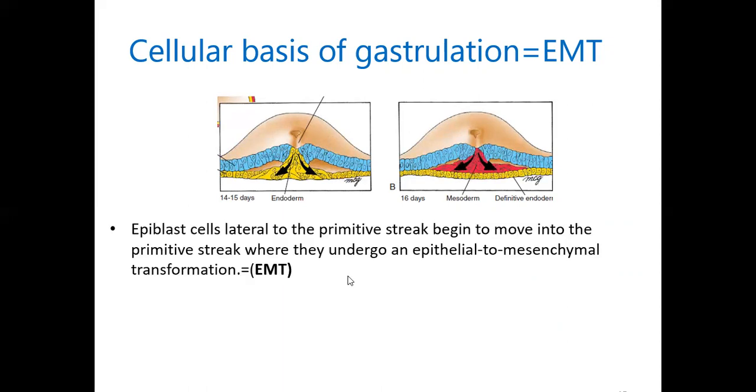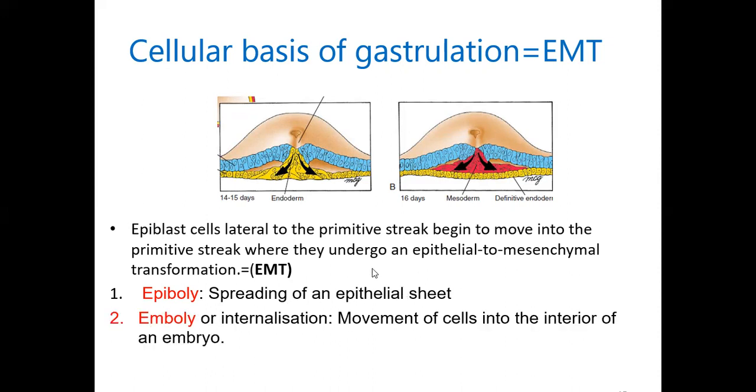the mesoderm. Epiblast cells lateral to the primitive streak begin to move into the primitive streak, where they undergo an epithelial to mesenchymal transformation. It involves certain processes: epiboly, which is the spreading of an epithelial sheet by mitosis; then ingression, the internalized movement of cells into the interior of the embryo.